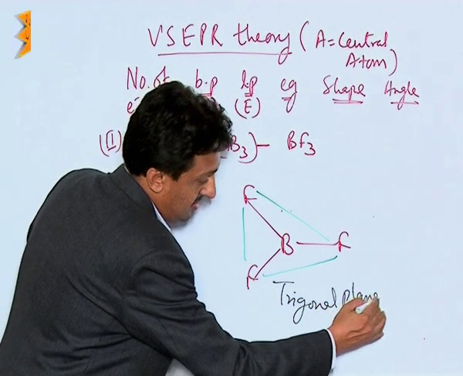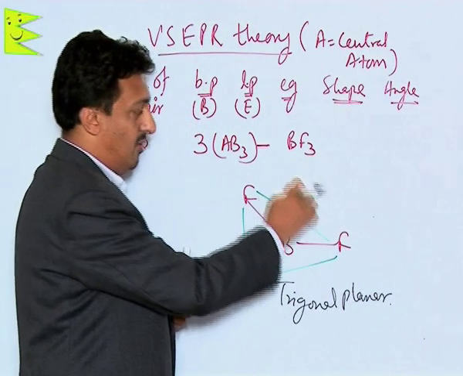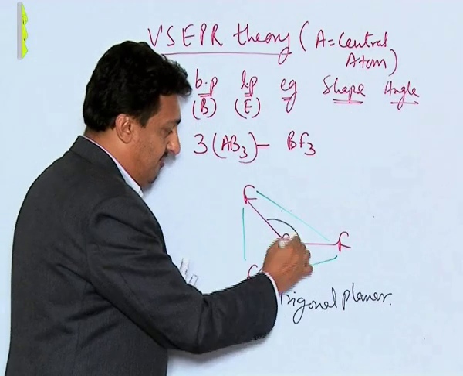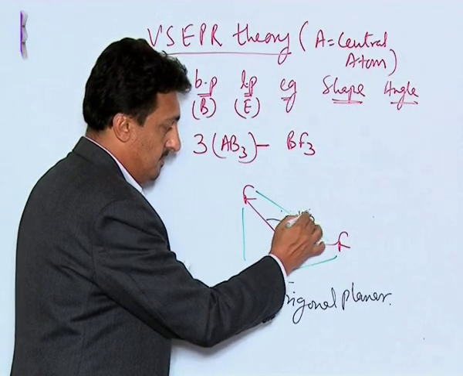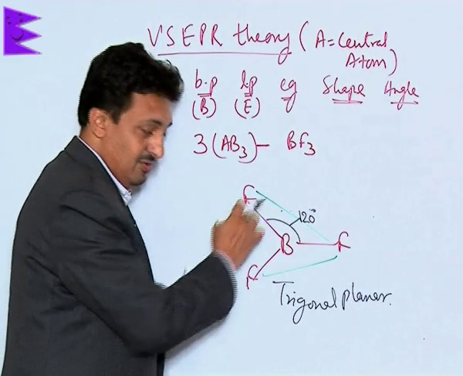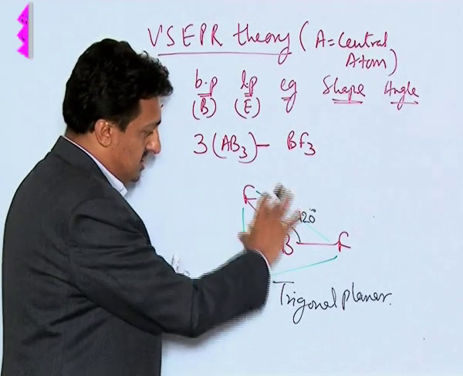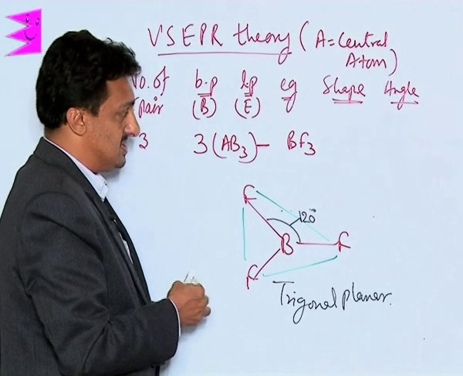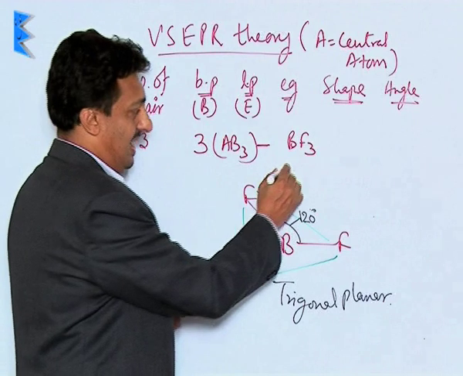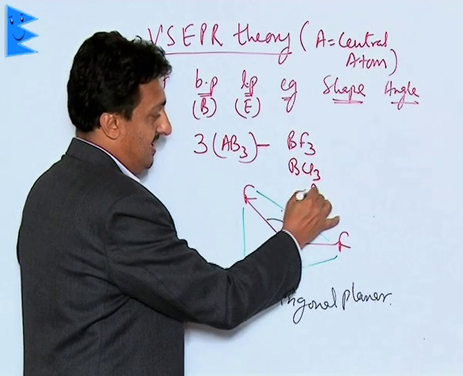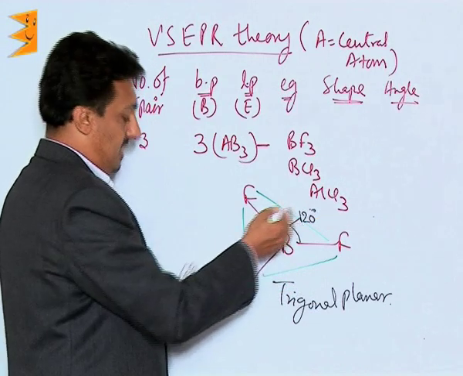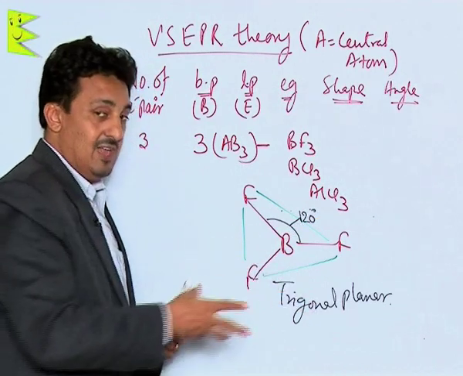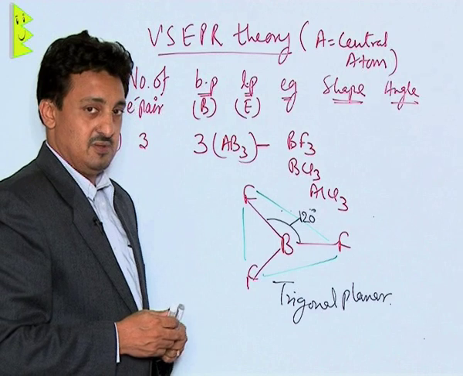So the shape is trigonal planar, and each angle is 120 degrees, 360 divided by 3. So this is what BF3 is. We can have other examples like BCl3, AlCl3. All these will have this kind of trigonal planar structure.